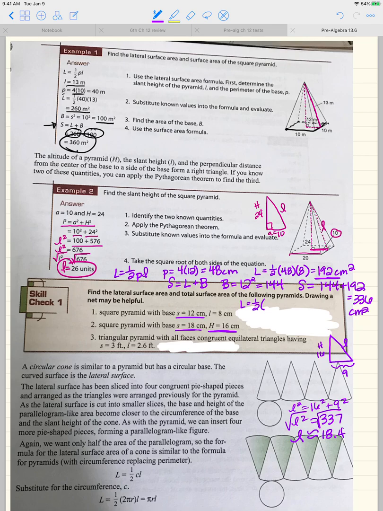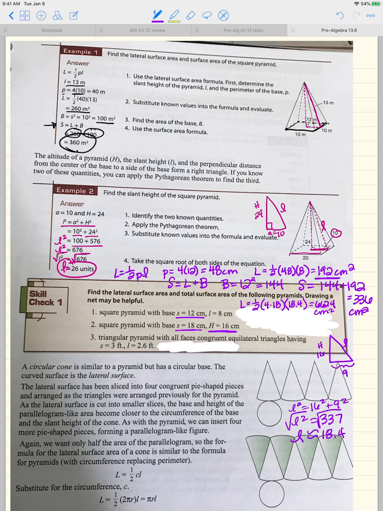The perimeter is 4 times 18, because there are 4 sides and they're each 18 centimeters long, times the slant height we just calculated, 18.4. So 4 times 18 is 72, times 18.4, divided by 2, is 662.4 centimeters squared.